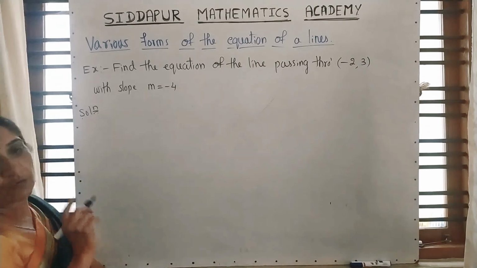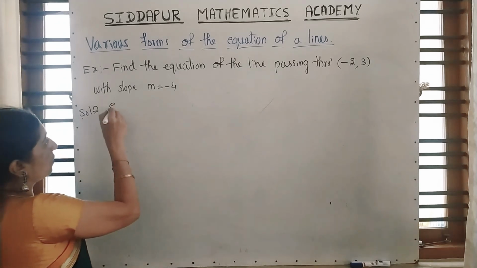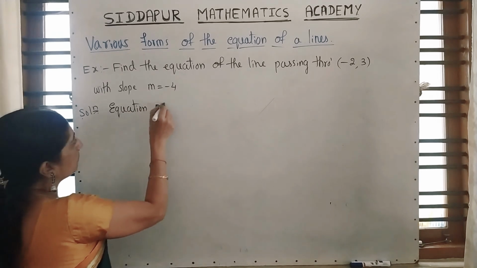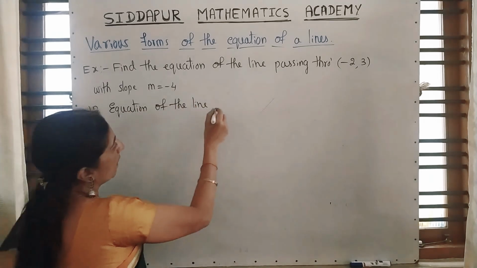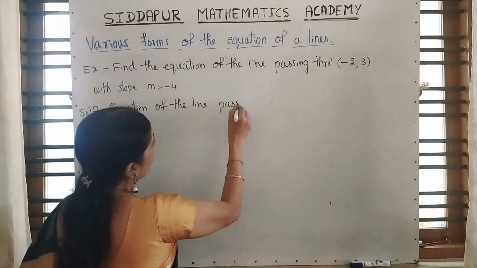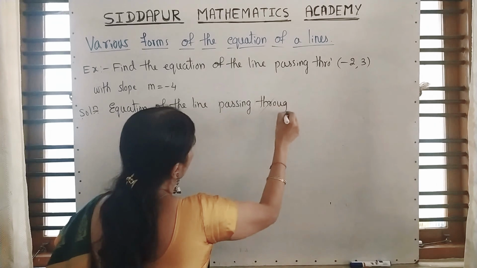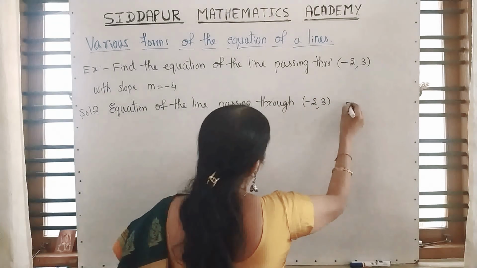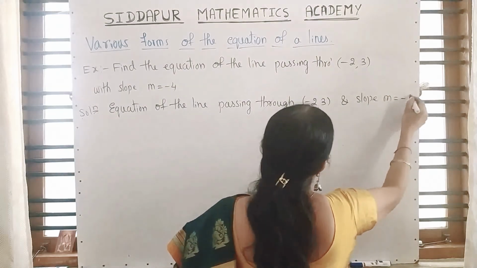1 point and 1 slope is given, which means we use the point-slope form. Equation of the line passing through (-2, 3) and slope m = -4.